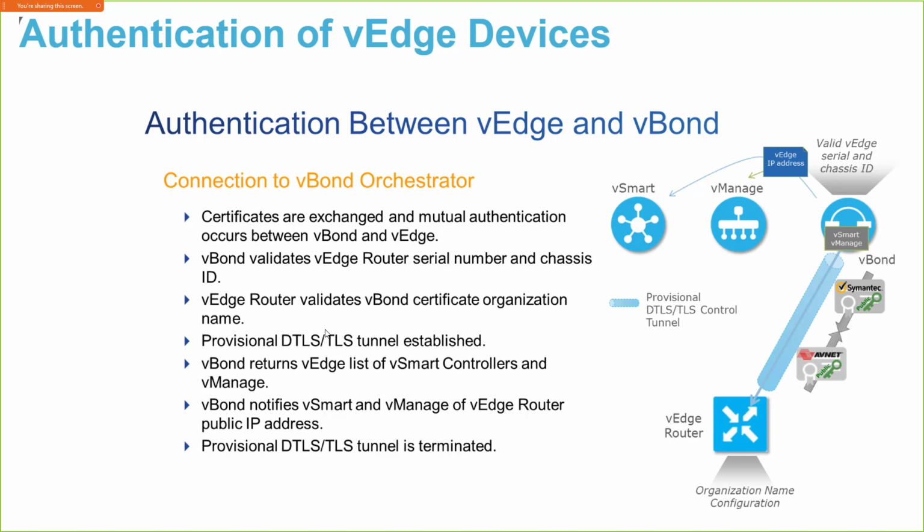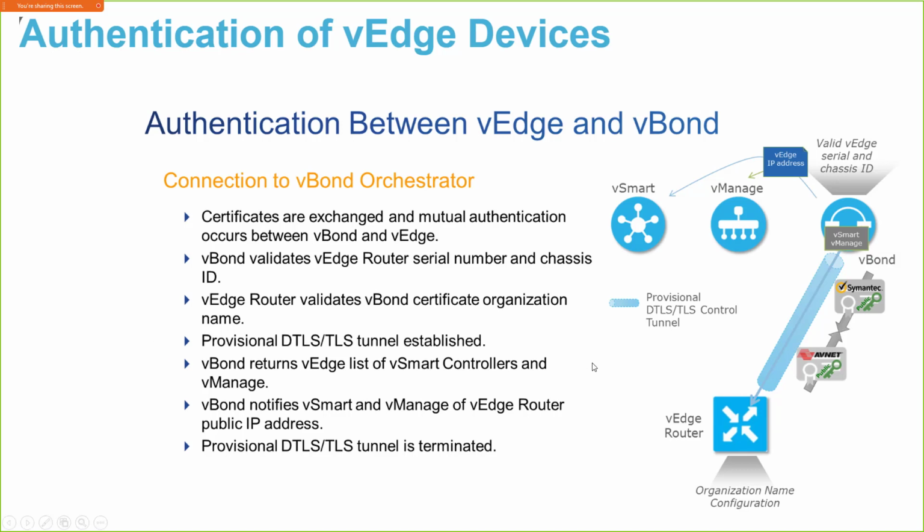I talked about this boot up process in one of our very first lessons as part of this lecture, but that's how we receive our full configuration. And then the controller is what allows us to become part of the control plane functionality, right? So vManage is what pushes down the configuration and the policy configurations to the vEdge device. And then the vSmart controller is what allows us to actually participate in the overlay network.